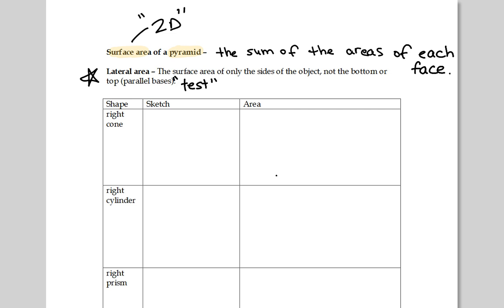The lateral area is the surface area of only the sides, not the bottom and not the top, if there is a top. Just the sides. So just memorize that for the test. There might be one question, a multiple choice, that says find the lateral area. I think it's there. Nevertheless, let's jump into what matters.